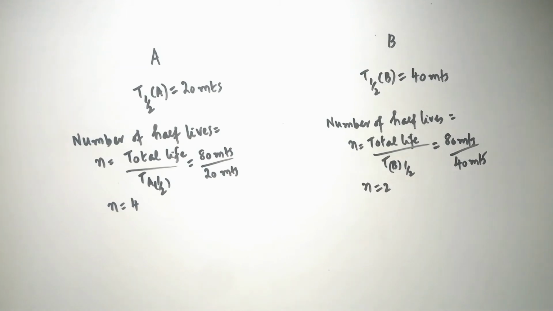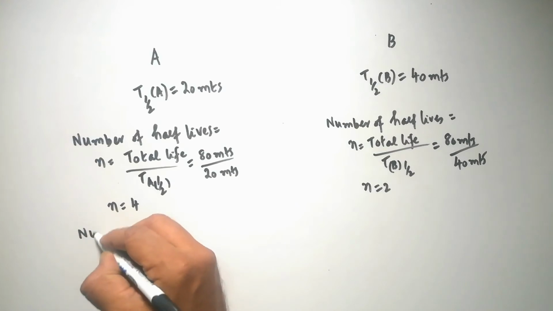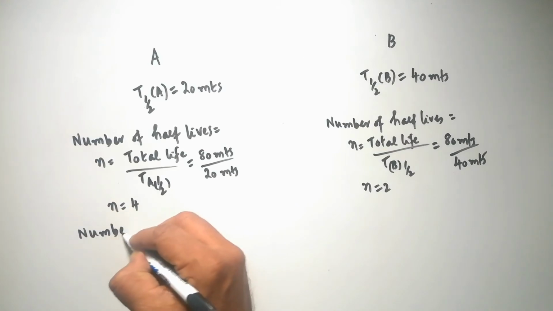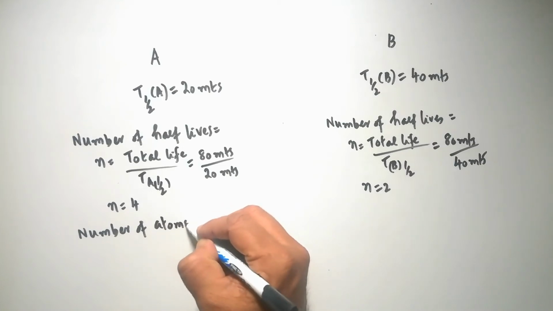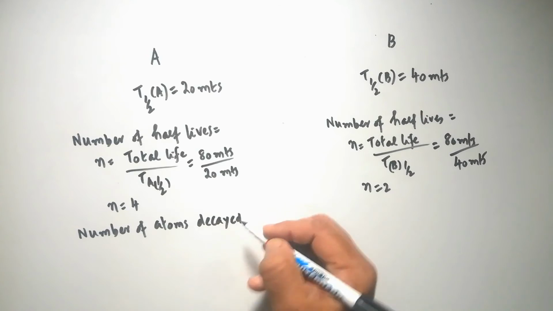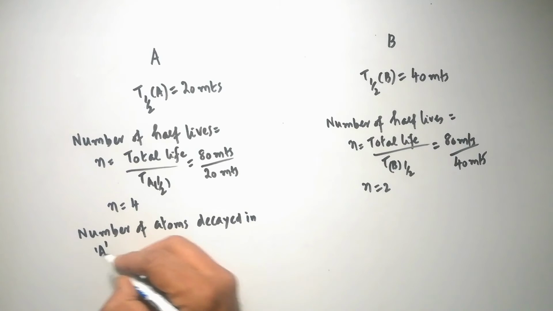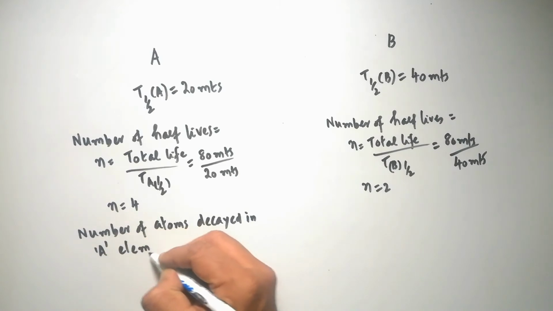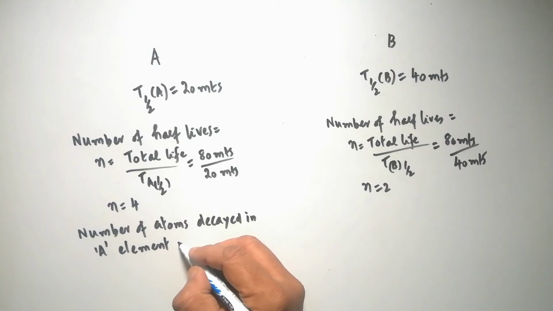Are you clear? Now we have to find out the number of atoms decayed in element A. How to calculate? What is the formula? These formulas must be clearly understood and known.